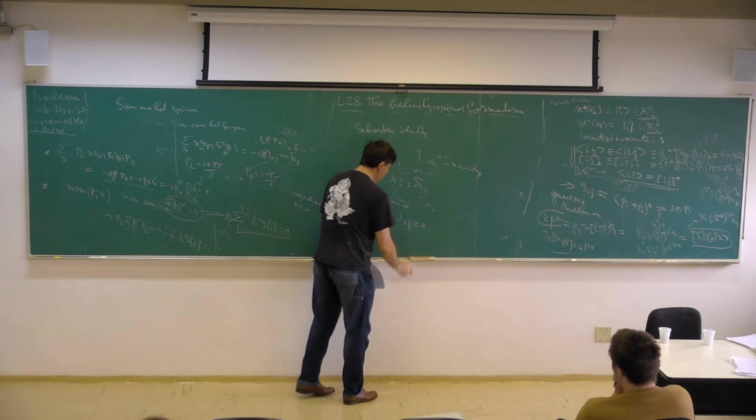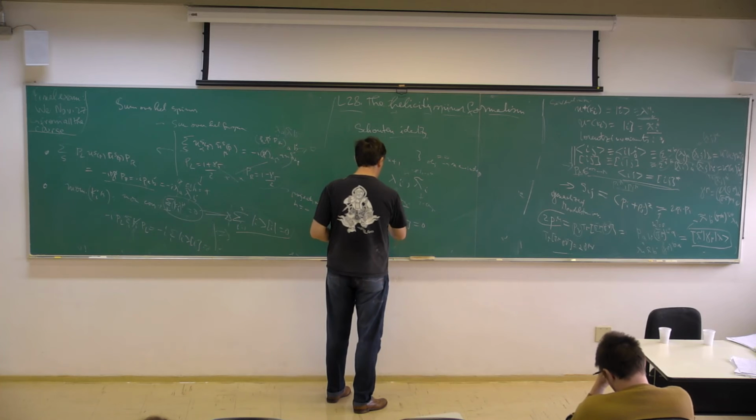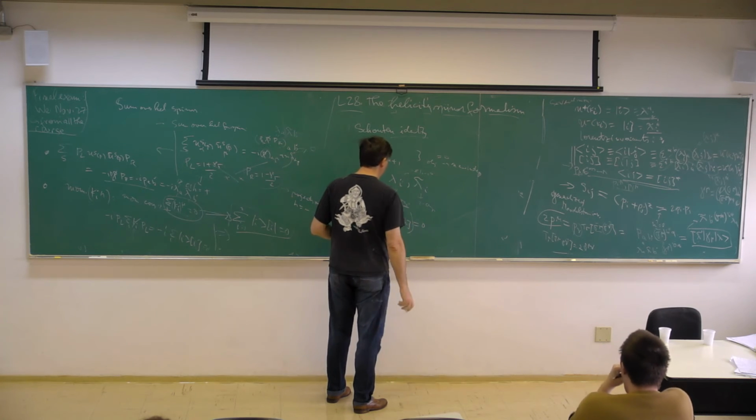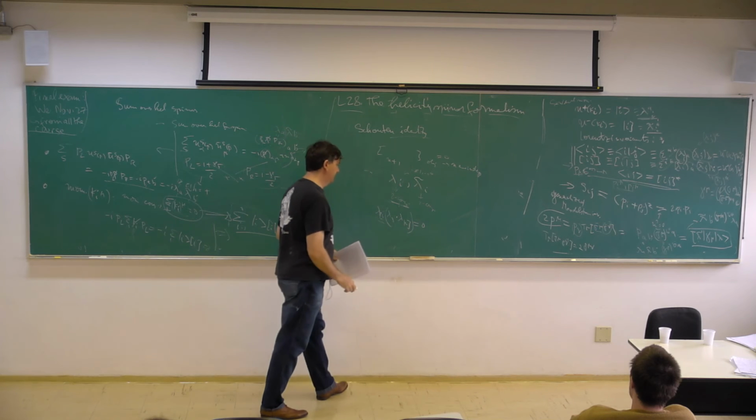So that means that this antisymmetric product must be equal to 0, and in particular I can make it into a single spinor doing a product of 2 of them.